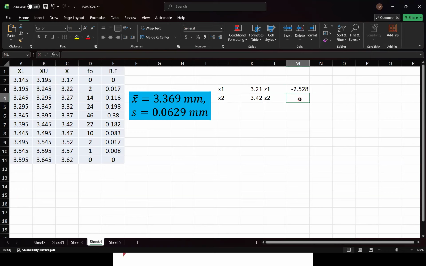Let me see whether it has been rightfully calculated or not. Yes, it has picked the K4 value. I have to calculate the probability from x1 to x2, which is correspondingly from z1 to z2.